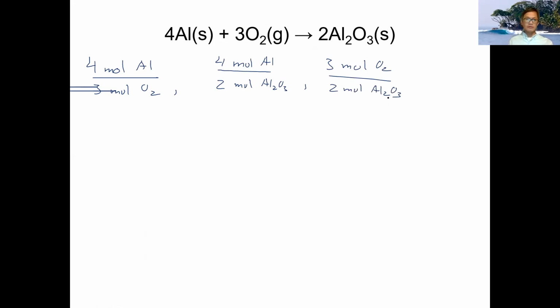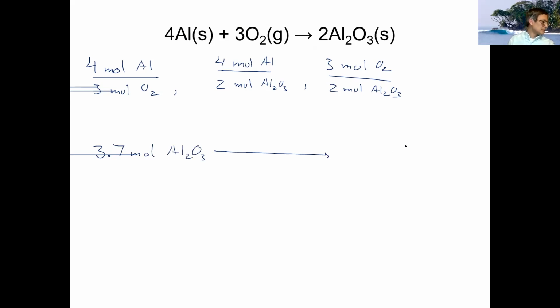We're only going to use one of them, though. So let's figure out which one. To figure that out, we were told from the problem that we start out with 3.7 moles of aluminum oxide. So we're given that, from the problem itself. And what they're asking me to solve for here is the moles of aluminum.